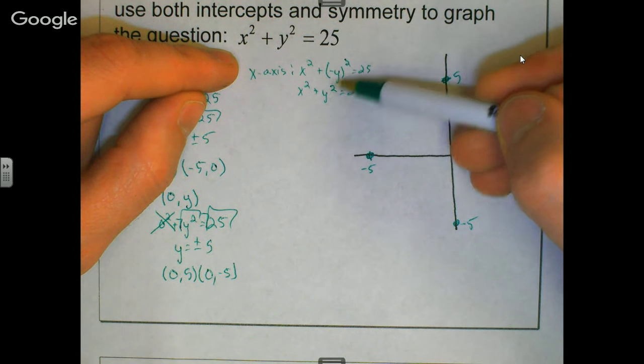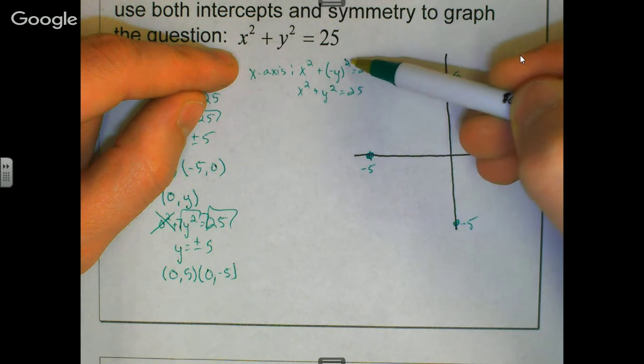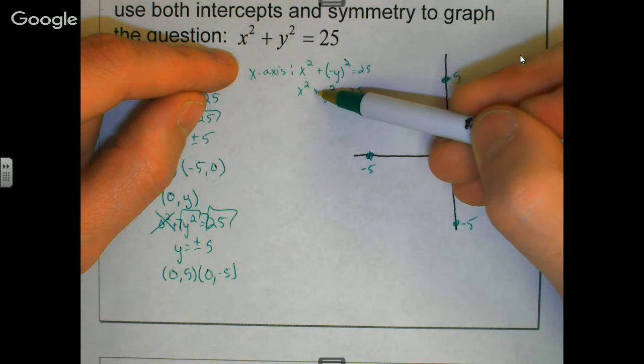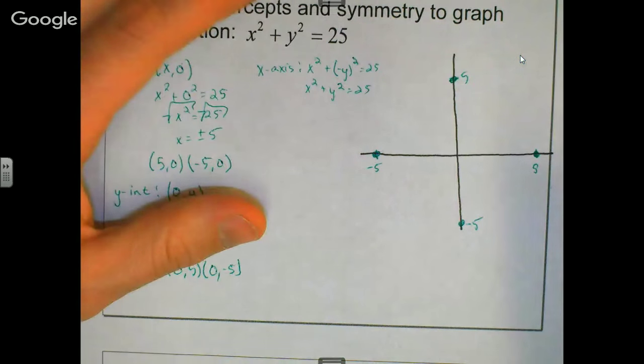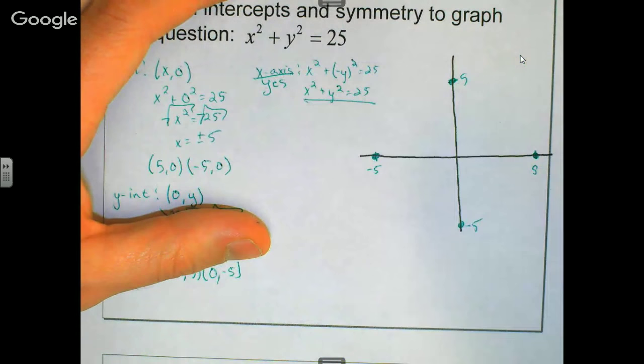Will it be the same? Yeah. If it's even up here, you will have a positive. If this was like 3, 5, 1, 7, some odd number, this would have changed to a negative. So it's the same. So we do have x-axis symmetry.